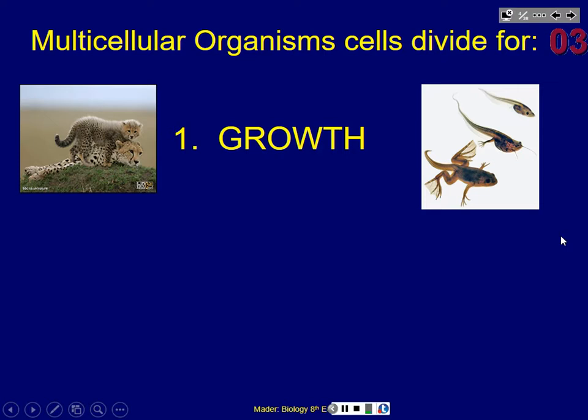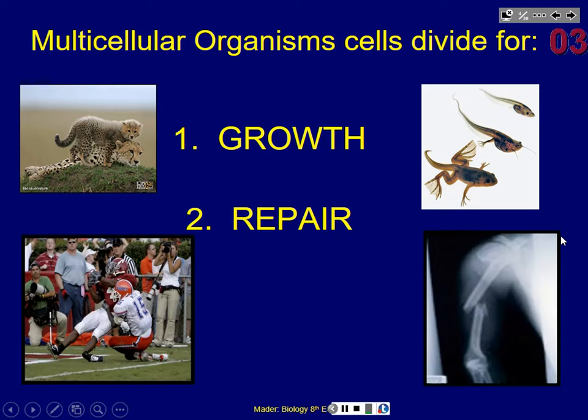That's how you grow. Or if you're already grown, then your cells are constantly dividing to replace cells that die or are damaged or injured. So it's either growth or repair. So your cells, your body cells, divide for growth or repair.